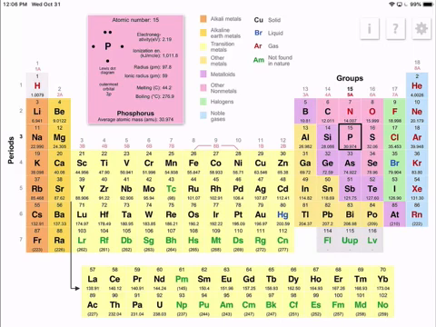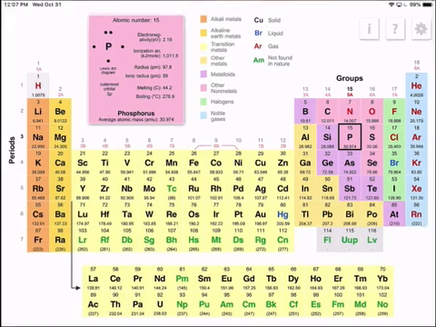And oxygen has 6: 1, 2, 3, 4, 5, 6. For the students at home that are listening to me, I'm just counting over from the left. You can also look at nitrogen, which has 5A on top of it, and oxygen has 6A. Those are the number of valence electrons. So does everyone see where I'm getting the valence electrons for nitrogen and oxygen? Okay.